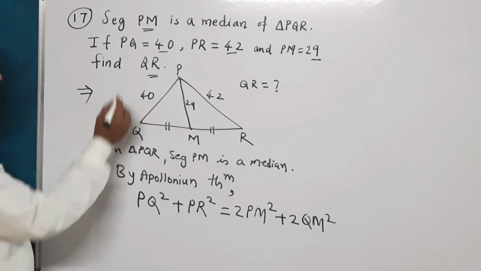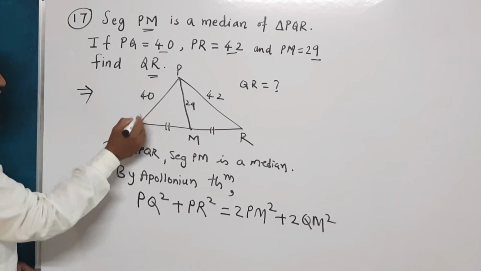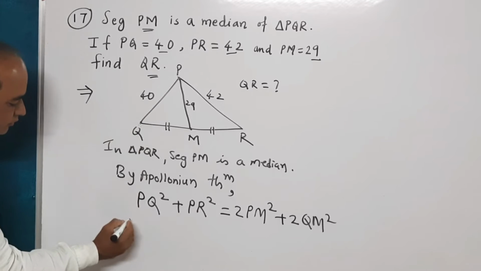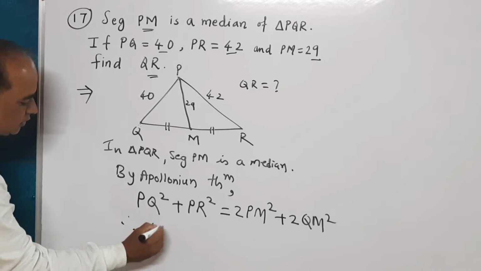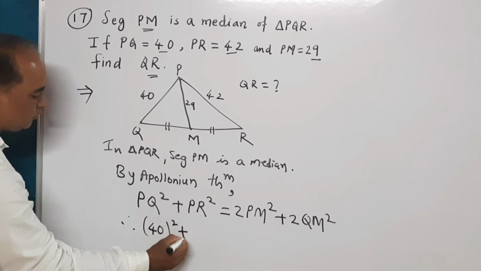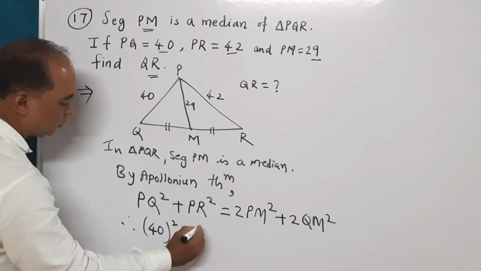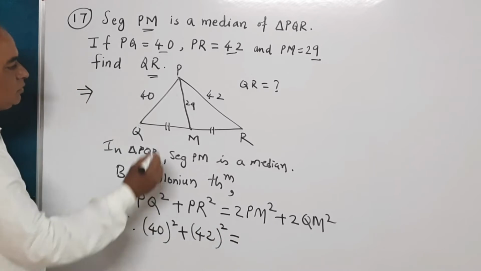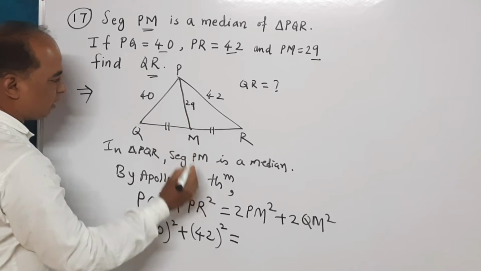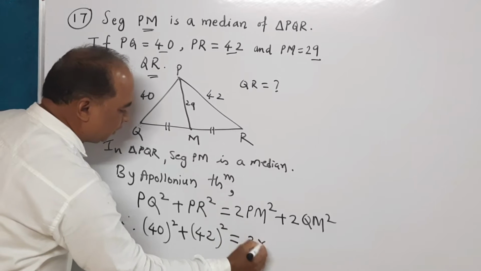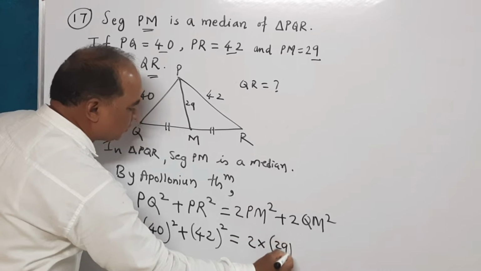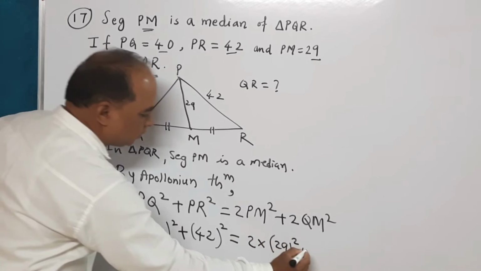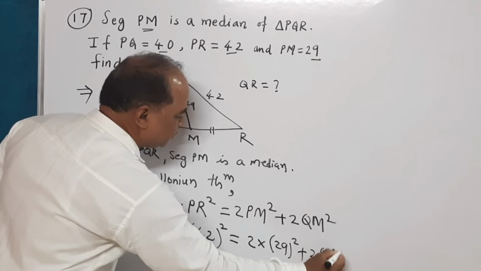Now substituting the values in the formula. PQ is 40, therefore 40 square plus PR 42 square is equal to 2 times PM, that is 29, 2 into 29 square plus 2 times QM square.